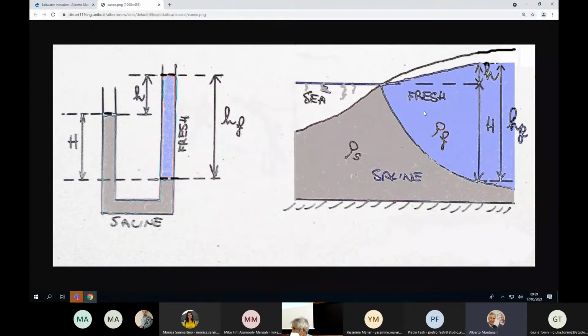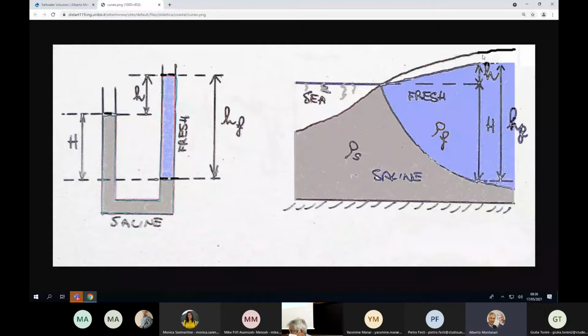The fresh water is depicted here in blue, okay? And then I have the level of the land above, and between the level of the land and the level of fresh water, there is a white zone, which is unsaturated, okay?